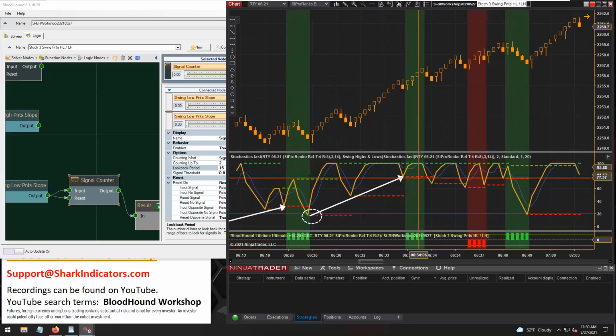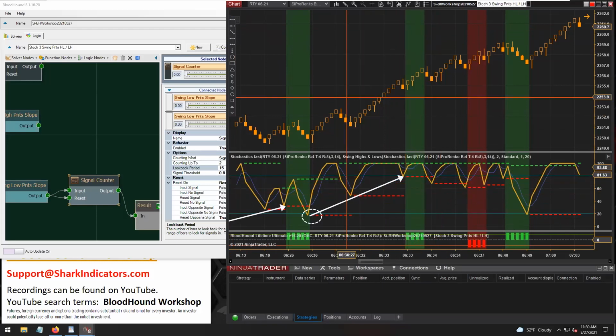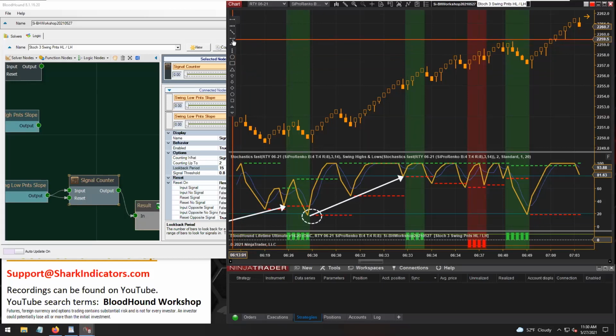And then also the same if the low points are stepping down as well. So first low point, and whoop, grab the wrong one. Let's grab that arrow. There we go. So first low point, second low point, and third low point, all three stepping down, and then we get a short signal.